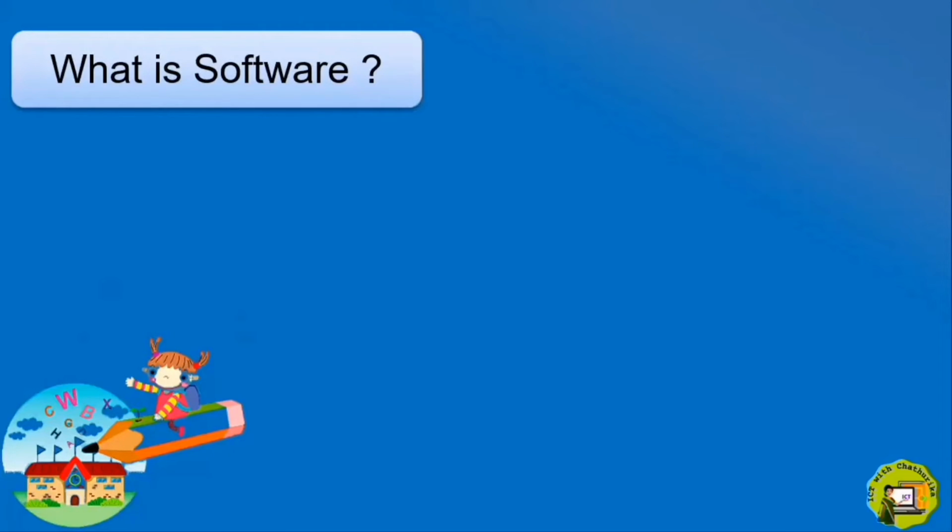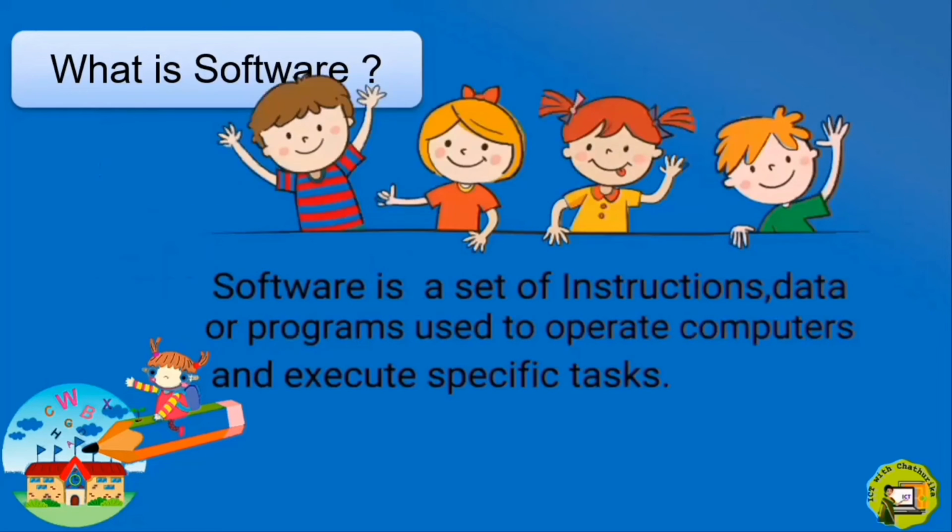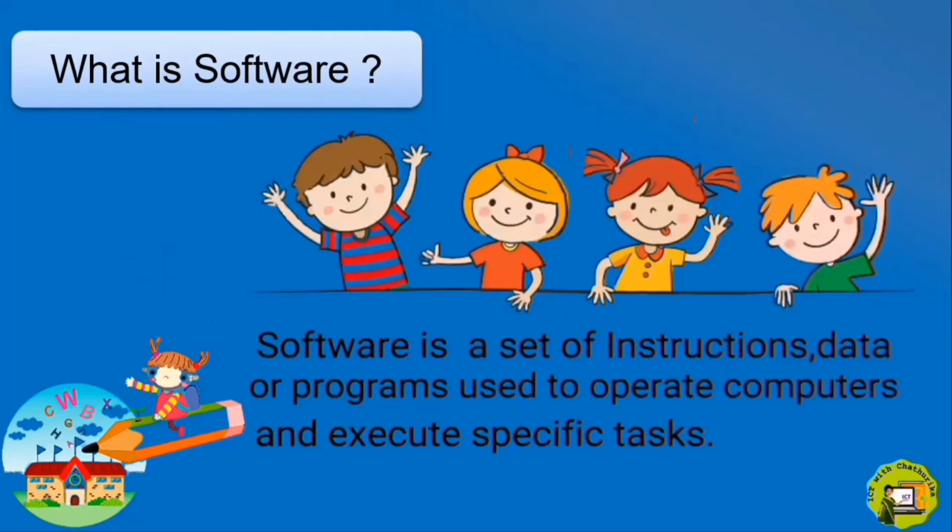A computer is an electronic device that can process data, but it needs to be told what to do in the form of set of instructions. So these instructions are called a software program. So software is a set of instructions, data or programs used to operate computers and execute specific tasks.